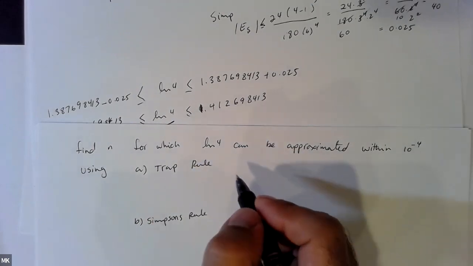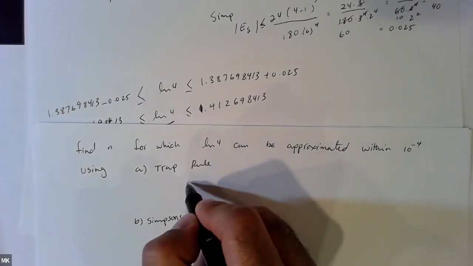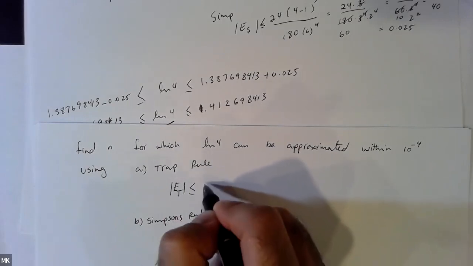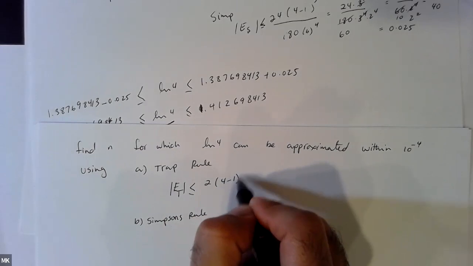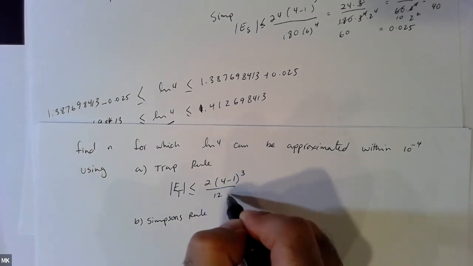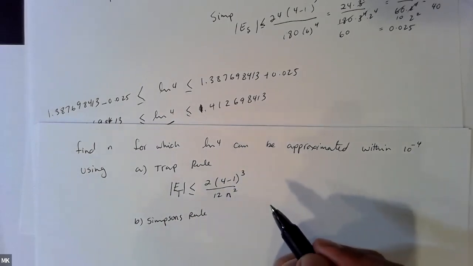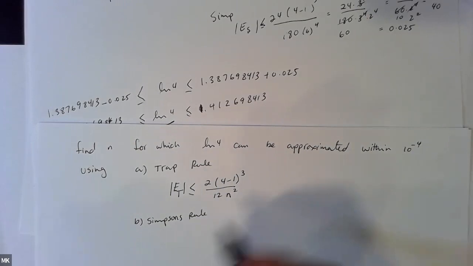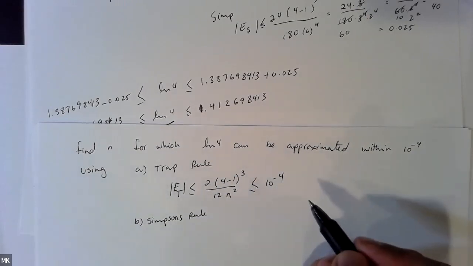So for the trapezoidal rule, I know my error bound is less than or equal to 2, the K that we found, times (4 minus 1) to the third over 12, but the n that I'm looking for is n to the second power. And I want that to be less than or equal to 10 to the negative 4.